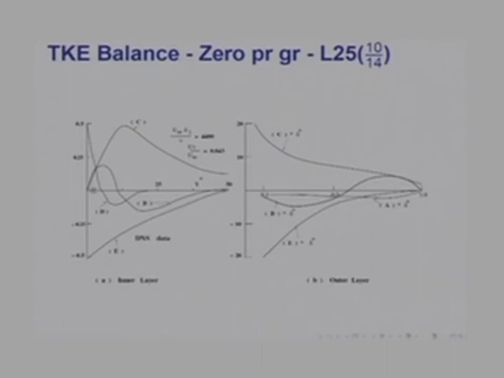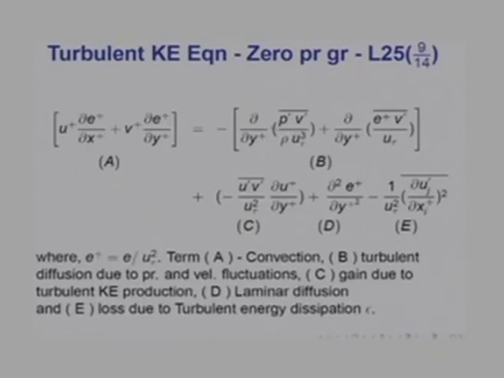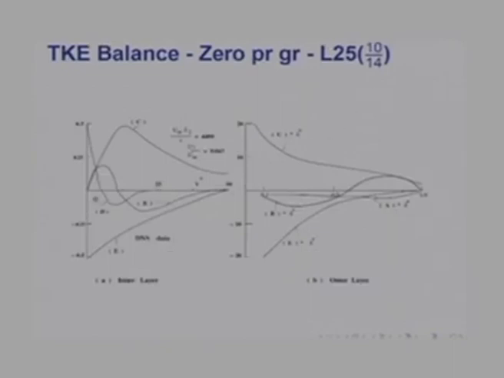Now, let us look at term B, which is the diffusion due to pressure fluctuations and velocity fluctuations. So, there is a sudden increase in the intensity of pressure fluctuations and velocity fluctuations near the wall, and you will see that therefore, B is positive, making a positive contribution, but it very quickly turns negative here, and in fact, you will see B continues in the outer parts to make a negative contribution, and then turns positive towards the end.